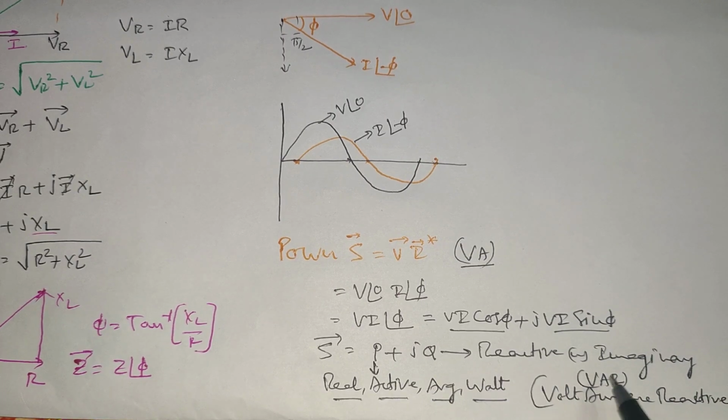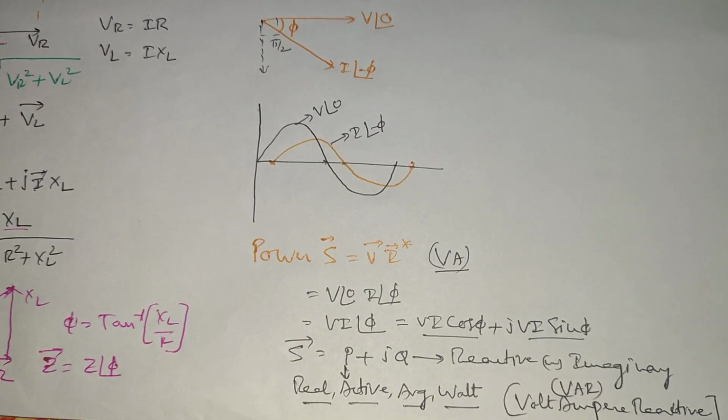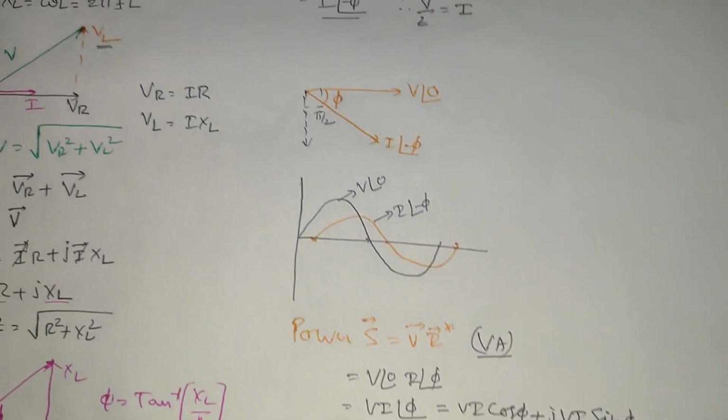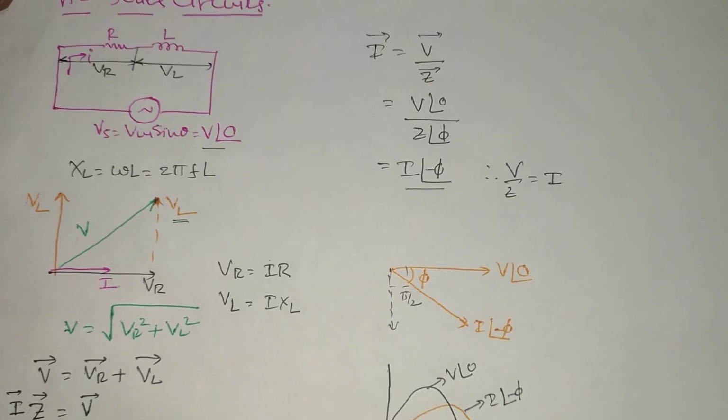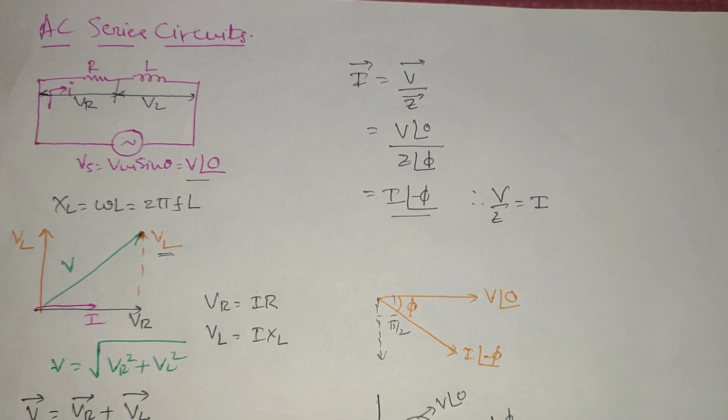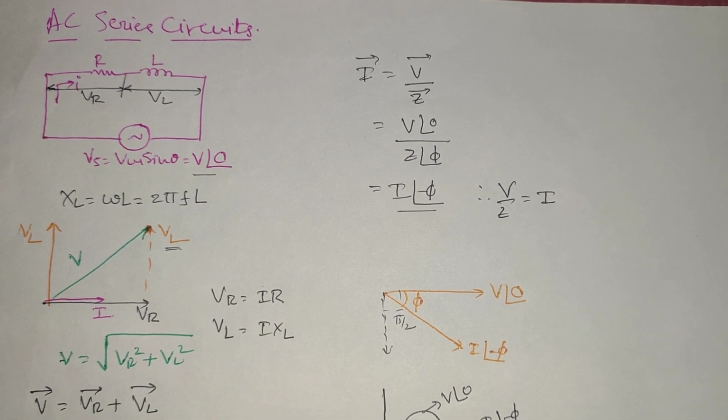These are the units of the imaginary power or reactive power. So that's about the discussion regarding the AC series circuit consisting of resistance and inductance. Next, we shall go through the series combination having resistance and capacitor and see the formulae related to that.